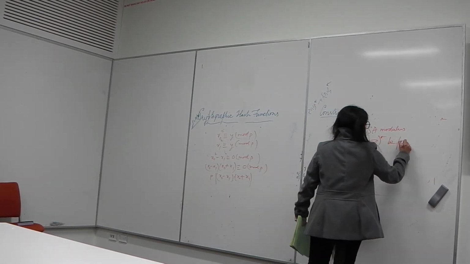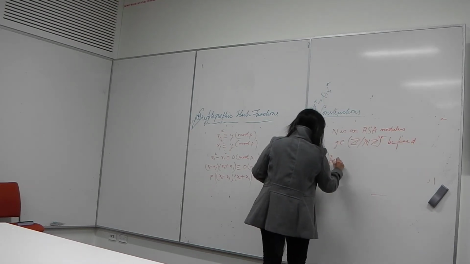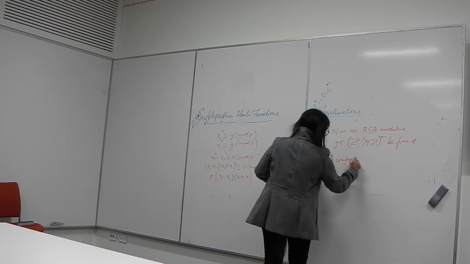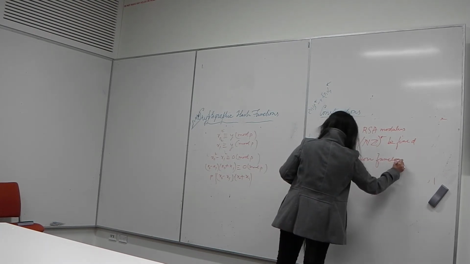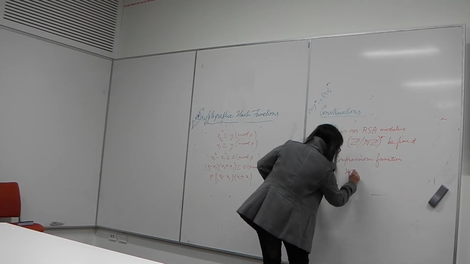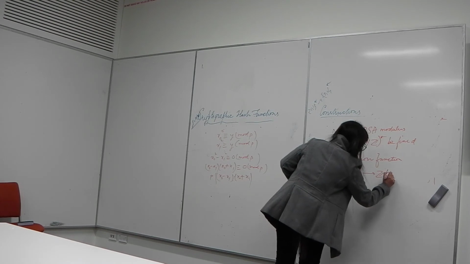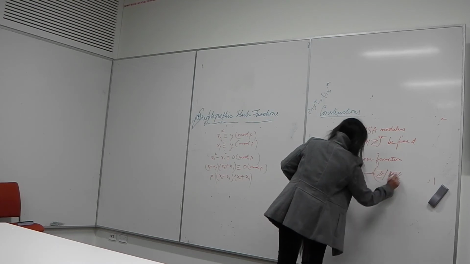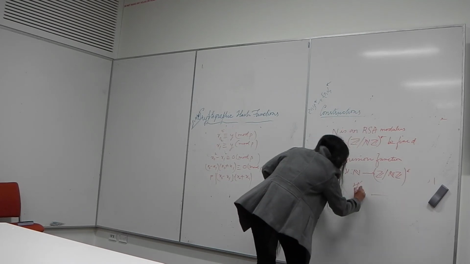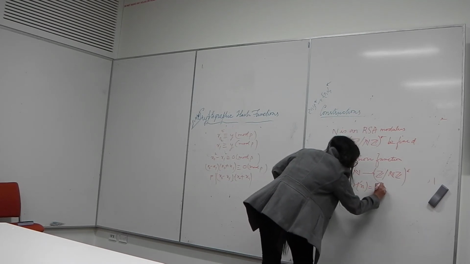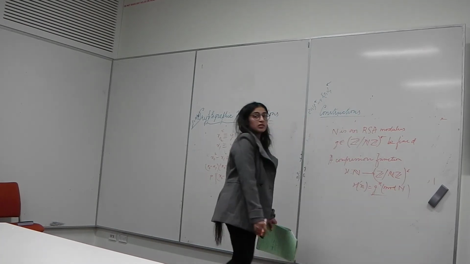This is another hash function, a compression function, H of x equals g to the power x mod n. So this is another hash function.